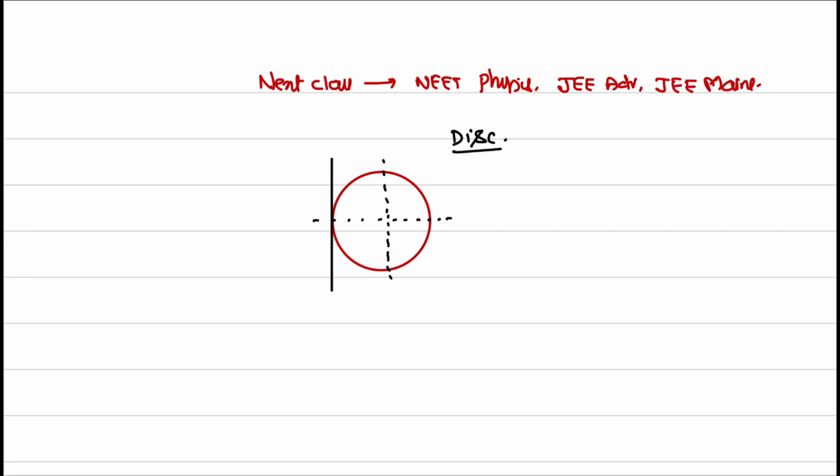You know, for a disk, the moment of inertia about an axis perpendicular to its plane and passing through the center is half mr square.